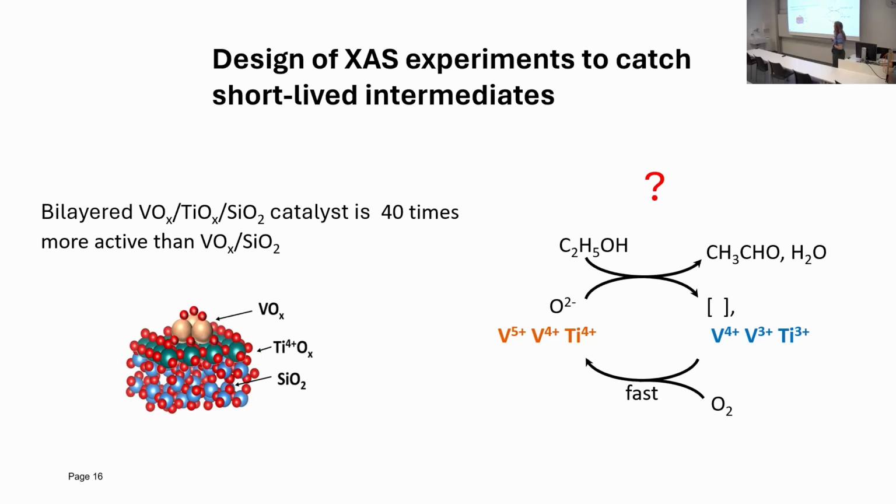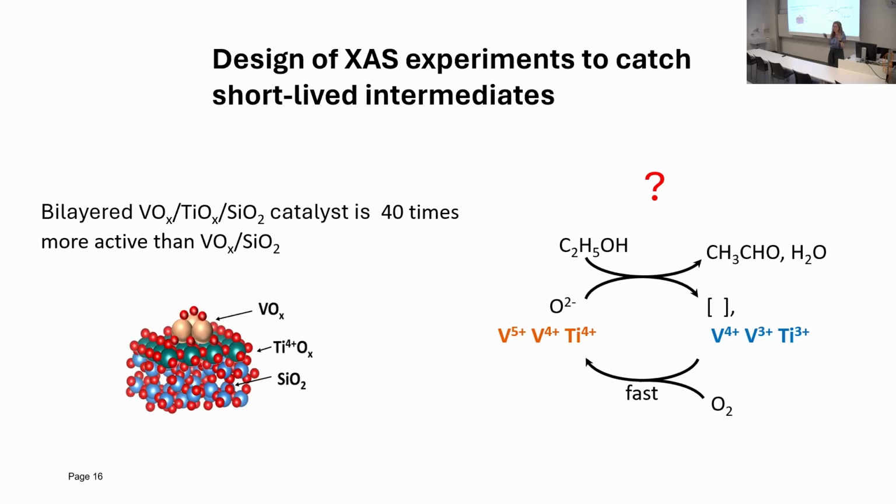So we produced a bilayered catalyst where vanadium with submonolayer loading was promoted by one monolayer of titania. We could show that when it was promoted by one monolayer of titania, the catalyst was 40 times more active, and similar to the state-of-the-art catalyst.